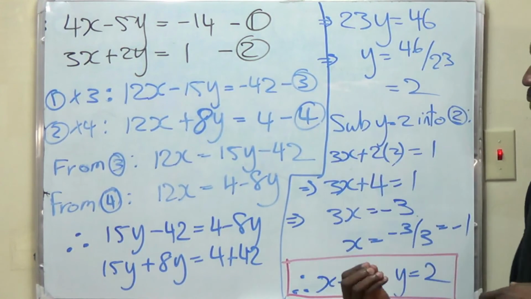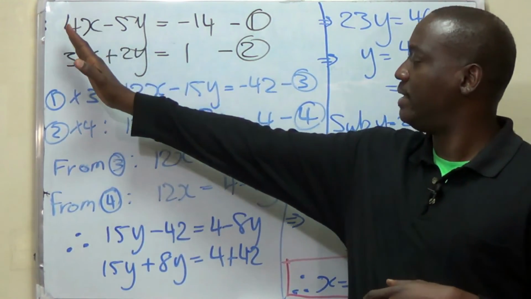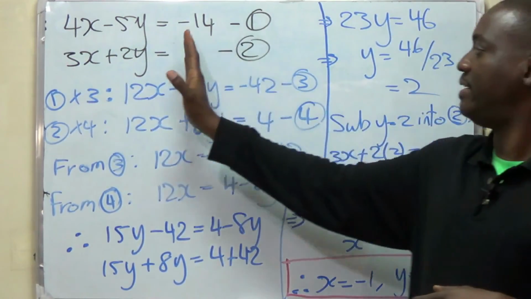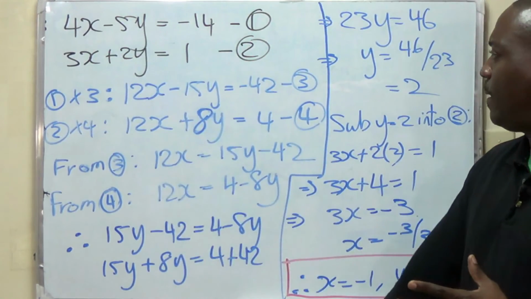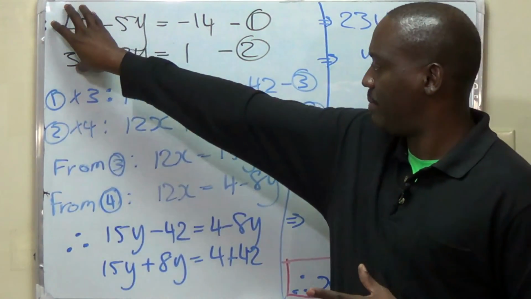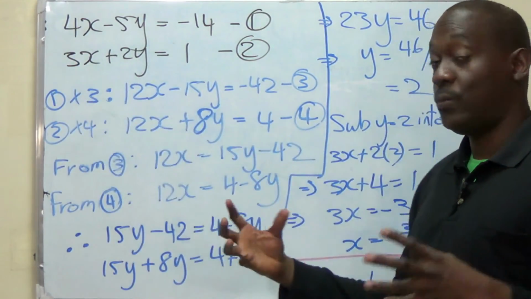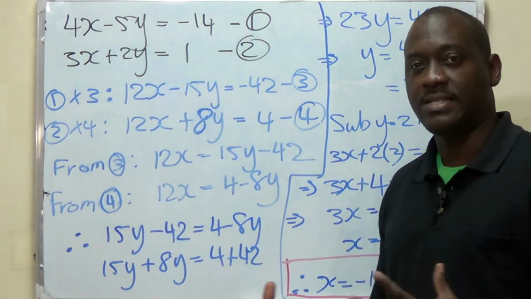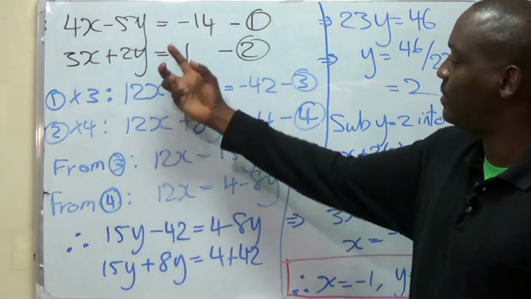Just to recap quickly, right? We found at the beginning that we didn't have a unitary coefficient anywhere inside here where the variables are. So we pivot on the x variable, which is to say, having 4x here and 3x here, we're looking at 12x as LCM. So we have to do something to each of these two equations to get 12x.